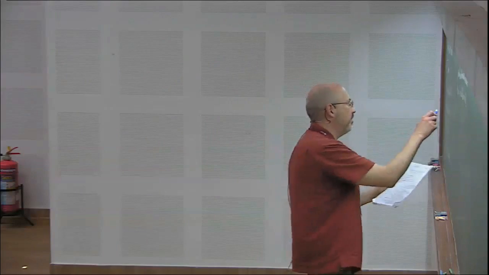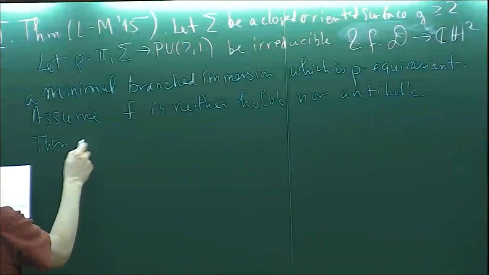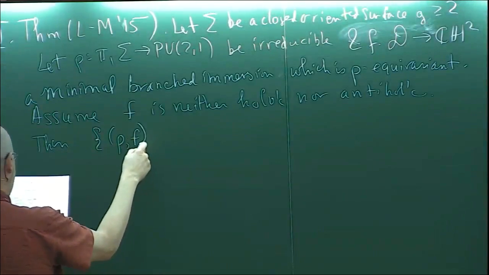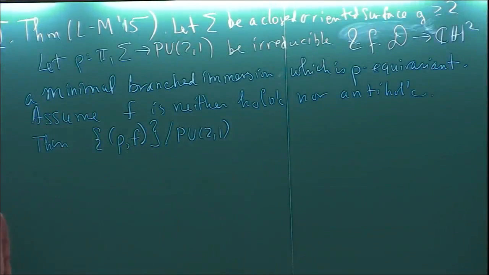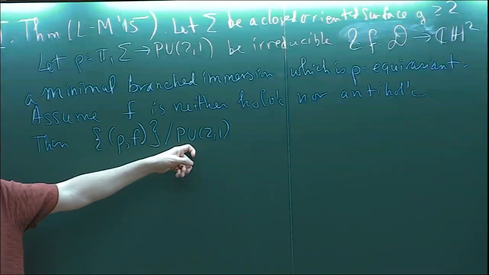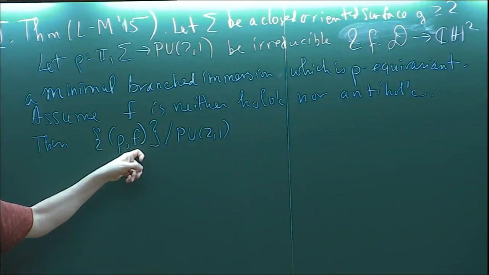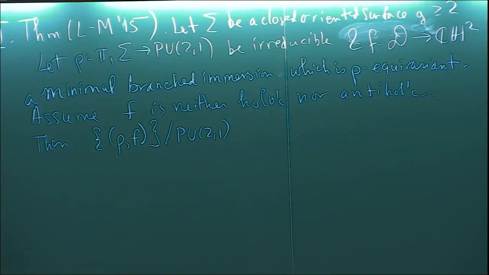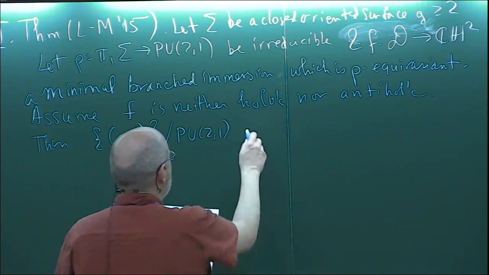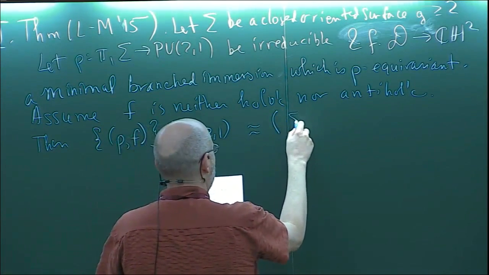Then under this situation, the set of such pairs rho comma F, where you mod out by the natural action of PU(2,1), so PU(2,1) translates F in CH2 and there's a global conjugation on the image acting on rho, this set is equivalent to the following set.